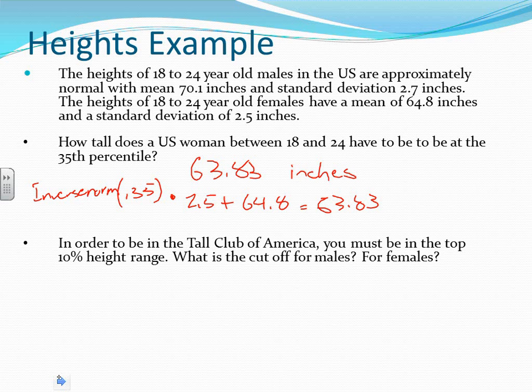Okay. Next question. In order to be in the Tall Club of America, you must be in the top 10% height range. What is the cutoff for males and what is the cutoff for females? Go. Top 10%.